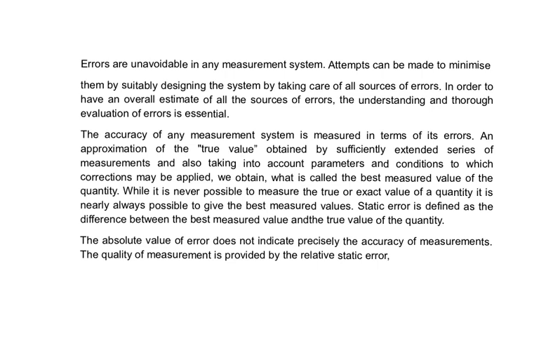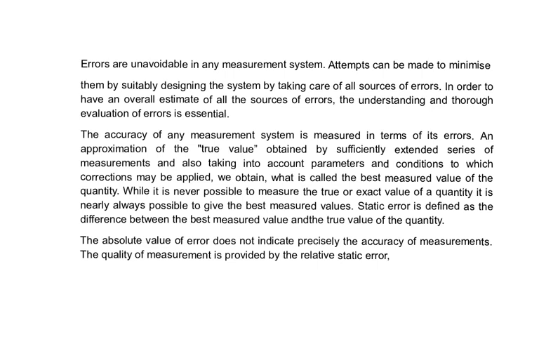Accuracy of any measurement system is measured in terms of error. So what they say is, when the system is proper, the measurement is done properly. If it is very close to the true value, then the error will be very less. If it is not close to the true value, then the error is more.